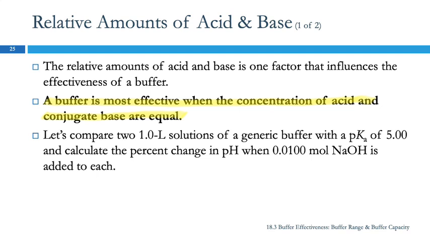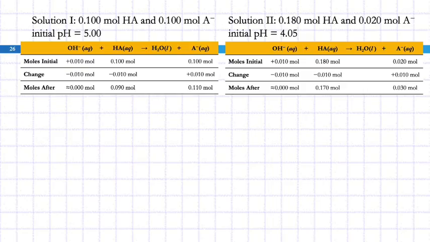If we look at two 1-liter solutions of generic buffer, pKa of 5, we're going to look at the percent change in pH when we add 0.01 moles of sodium hydroxide to each of them. Solution 1, we have equal amounts of acid and base.